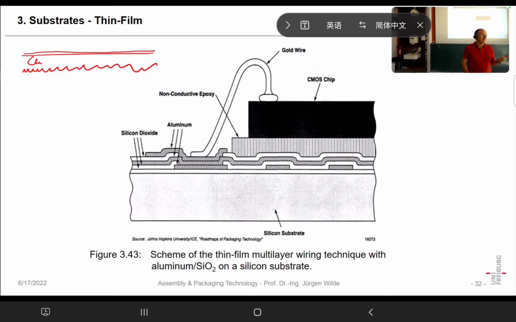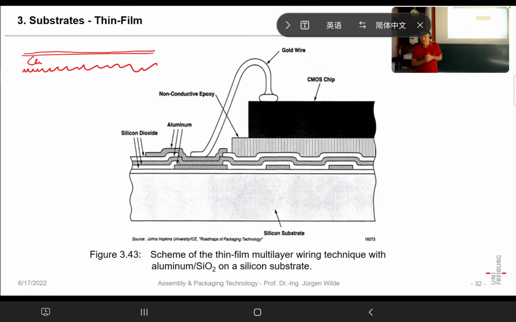Photolithography. Okay. Put on a resist, pattern it, develop it, etch the aluminum, strip the resist, put on new silicon dioxide, put on a resist, etch the silicon dioxide, strip the resist, sputter aluminum again. Again, it's quite many steps here, but it works well.